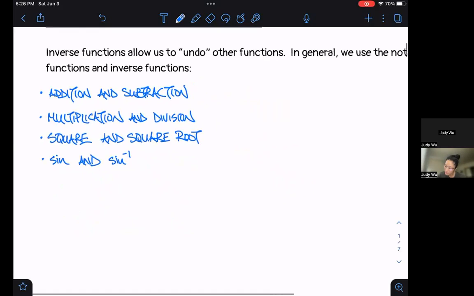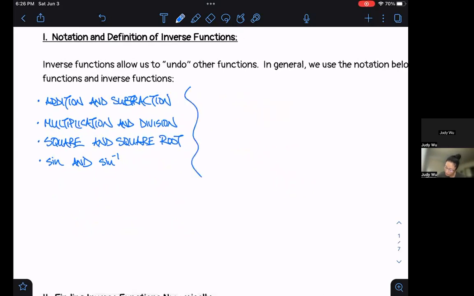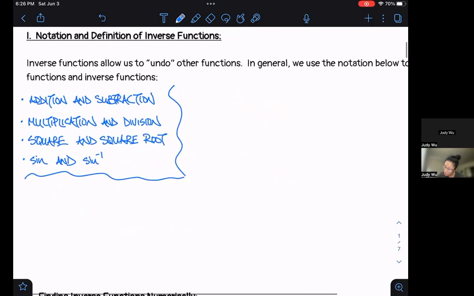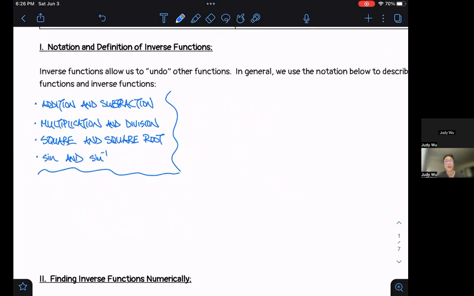So these are all some examples, but in general, the notation we use to describe functions and their inverse functions looks something like this, okay?